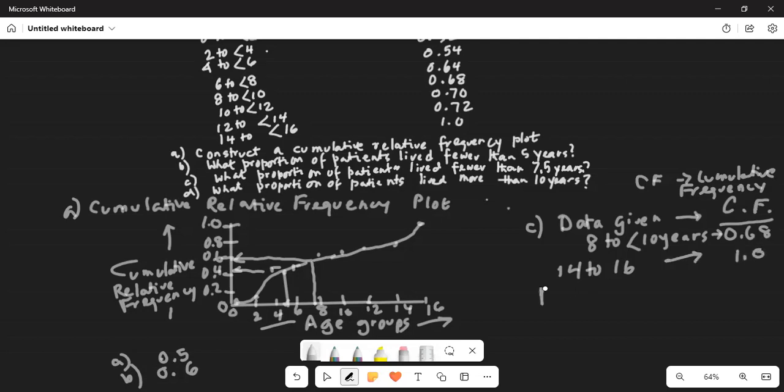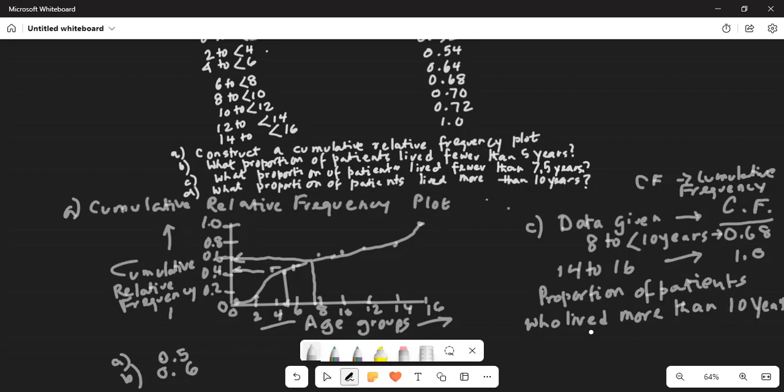So the proportion of patients who lived more than 10 years is equal to total 1 minus those percentage that lived only up to 10 years, which is 0.68.